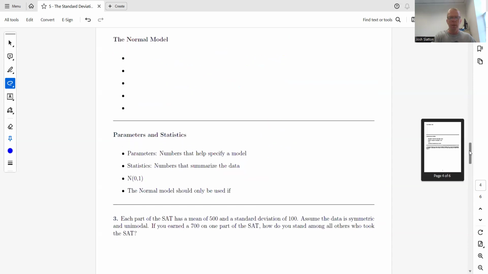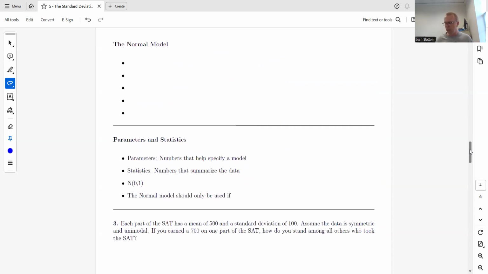But first, let's talk about the normal model. The normal model is just like that histogram we were just looking at. A lot of times this is called the bell curve or the bell-shaped curve.